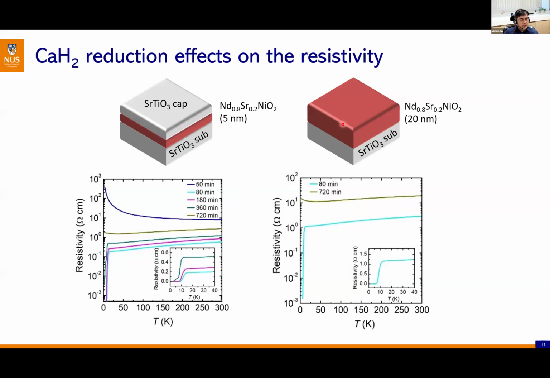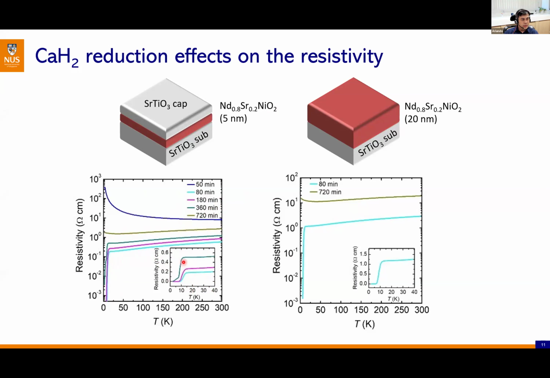The resistivity shows that when you under reduce, there is still a metal insulator transition. At the optimally reduced, around 180 minutes, in this case 360 minutes, you have a very nice transition with a TC0 around 10 Kelvin.